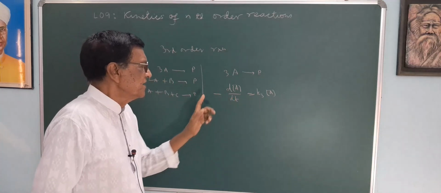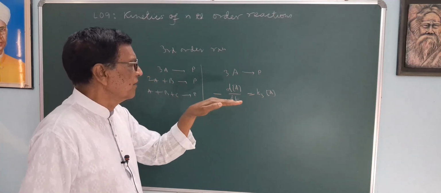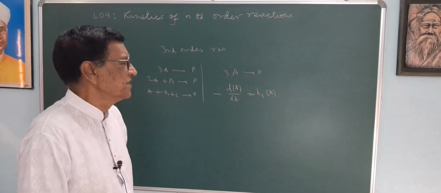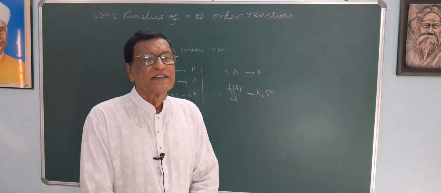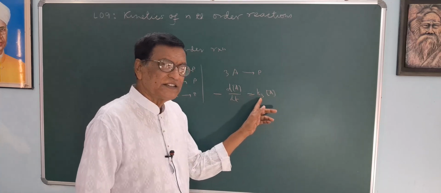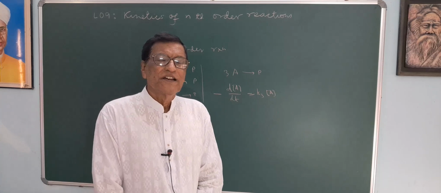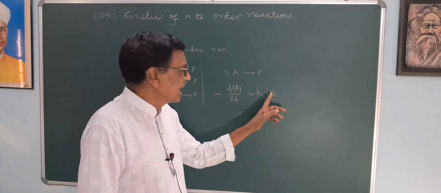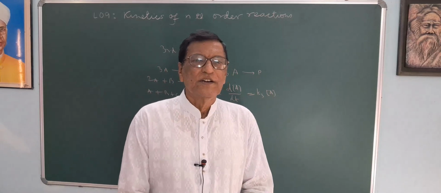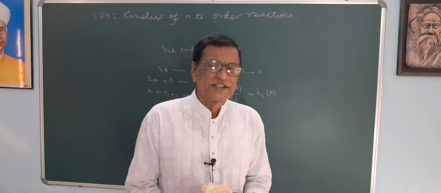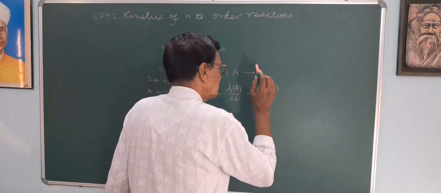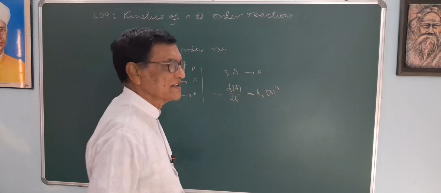The negative sign on the left hand side means that with the advancement of the reaction, the concentration of the reactant is decreasing, and K3 is the rate constant of this third order reaction. The bracket means molar concentration, moles per liter, and the power is 3 as it is a third order reaction.